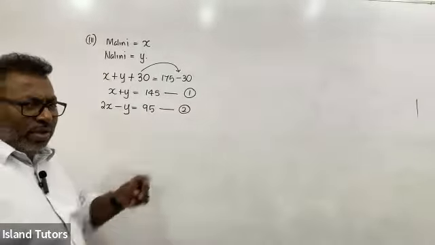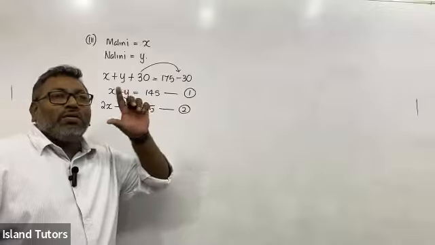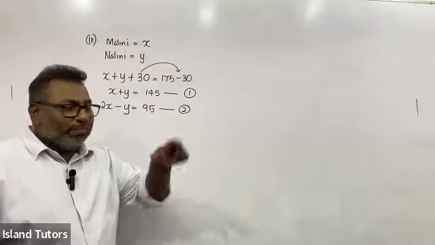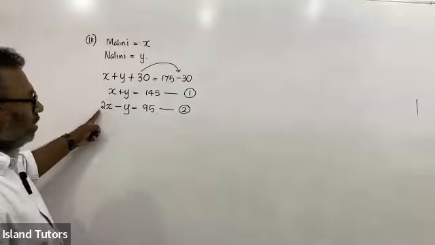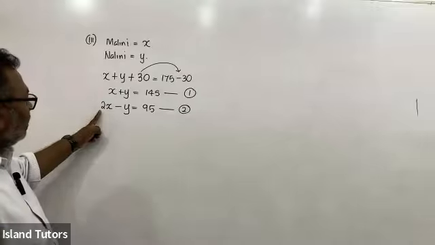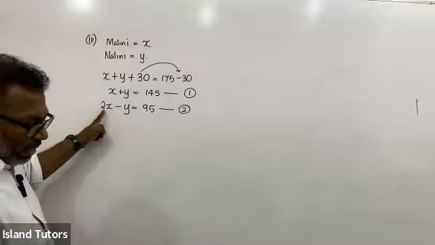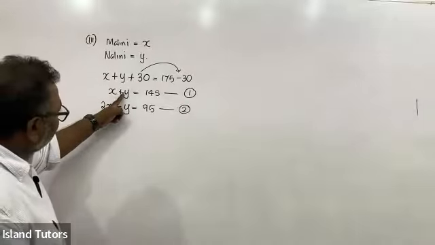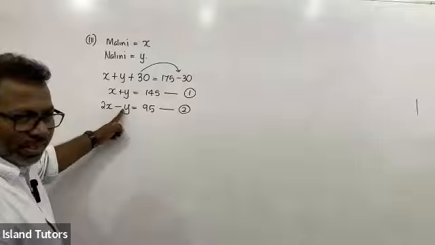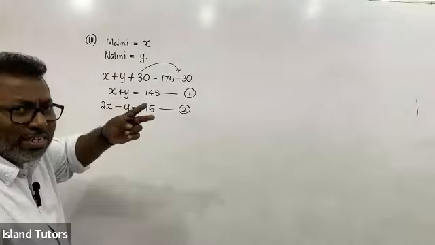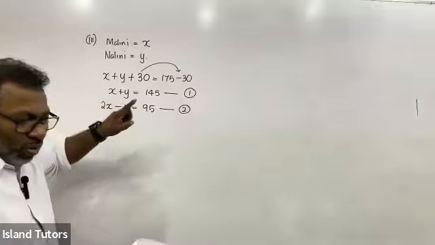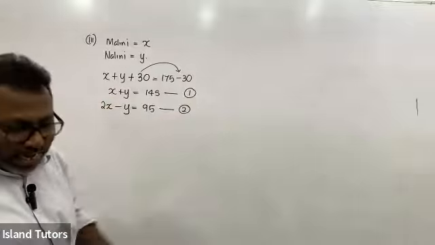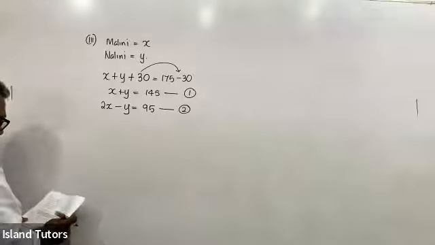So to solve, you have to look at the first two rules. Are the coefficients the same? Here the coefficient is 1, here it is 2. And here the coefficient is 1, here the coefficient is 1. So coefficients are same, signs are different. Coefficients same and signs different. What do we do, guys?